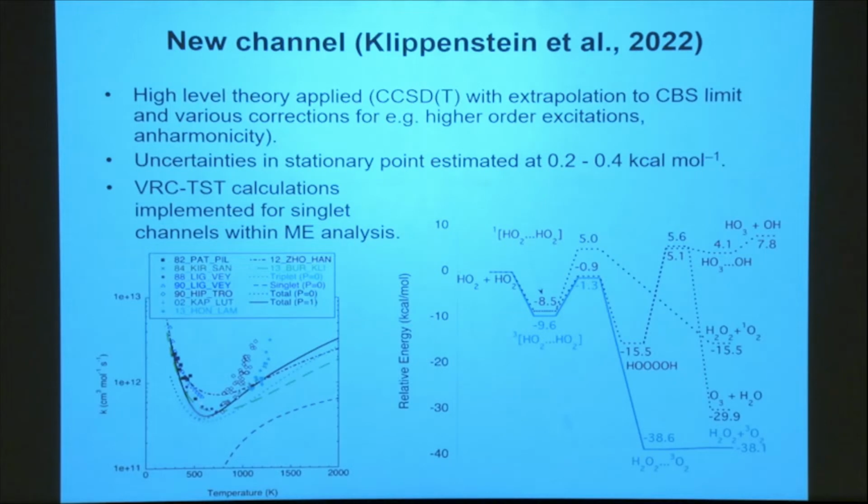It's reasonably consistent with most of the data, but some of this high temperature data is quite a long way from the theoretical calculations. And so the theoretical calculations seem to show this strange temperature dependence. It's possible that not all of the high temperature data is of high fidelity. So sometimes we get these inconsistencies.